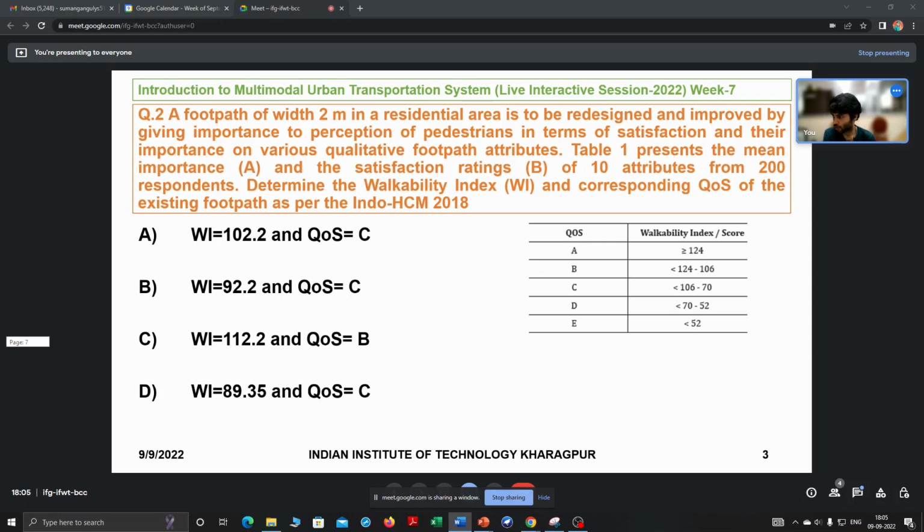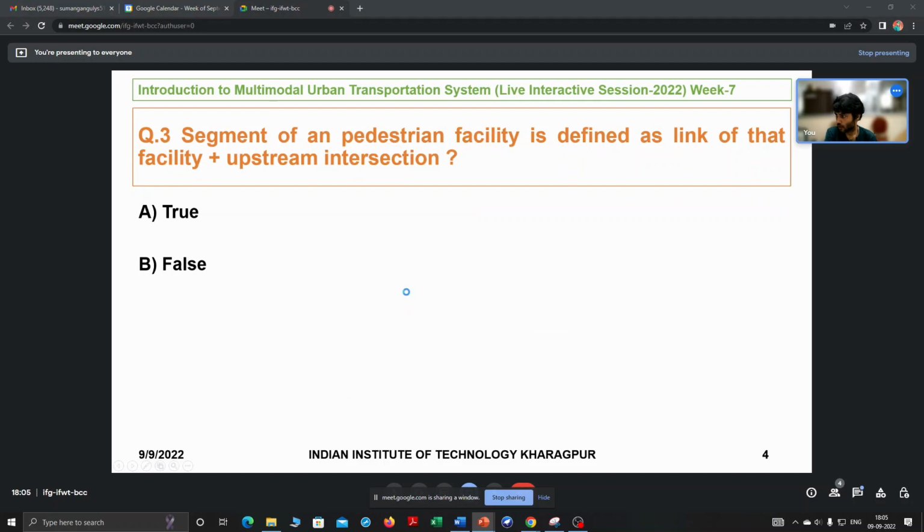So maybe I will find the values and give them here. Just wait a second, I will give you the values, because the values are here only. Copy and discard.